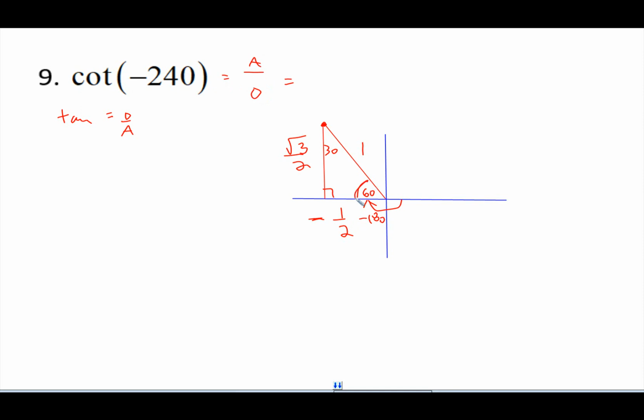Relative to this angle, the adjacent side is negative 1/2, divided by the opposite side, rad 3 over 2. This is the same as taking negative 1/2 and multiplying by the reciprocal at the bottom, 2 over rad 3. So these cancel, and we get negative 1 over rad 3. Then you rationalize it, and we end up with negative rad 3 over 3.